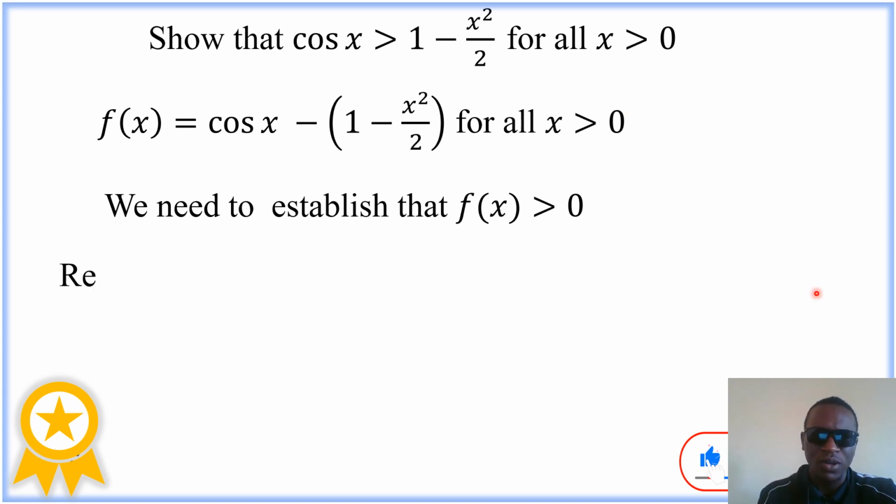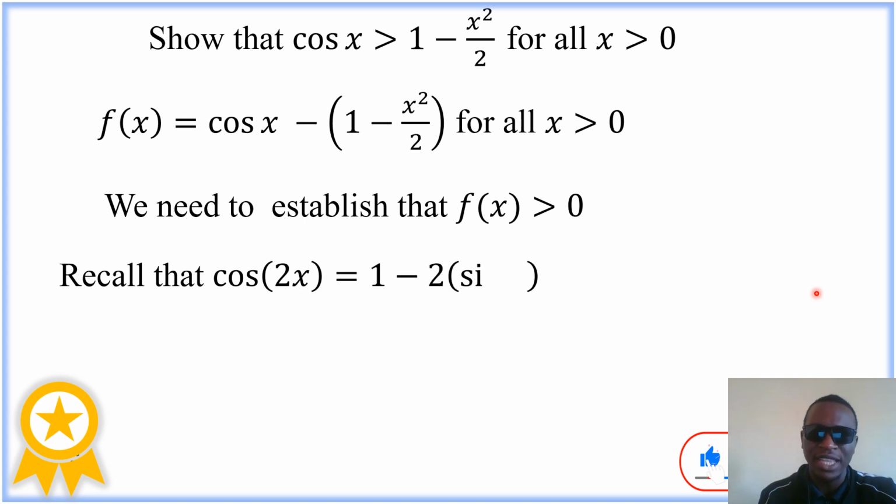Now we have to recall the double angle identity for cosine. Cosine of 2x is the same as 1 minus 2 sine squared x, or you just write sine x all squared, same thing. The reason why I want to use this identity is because of the negative 1, since when it's distributed, we have a negative 1 here. So we want to use the half angle identity to replace cos x by its equivalent.